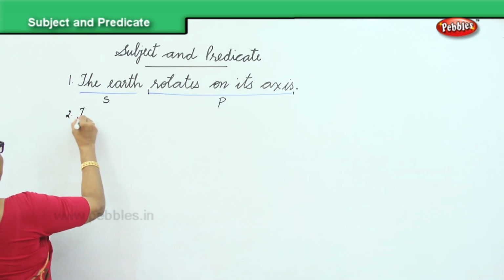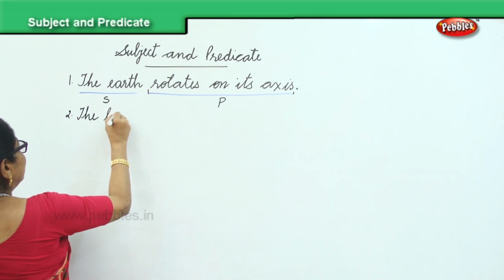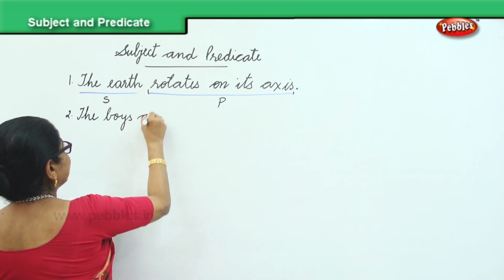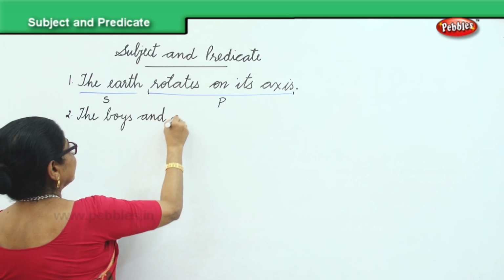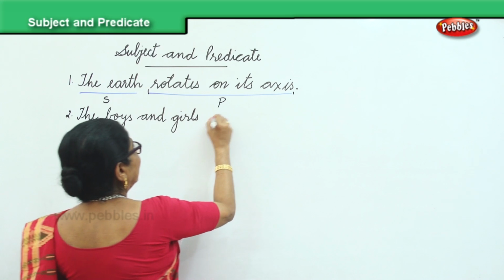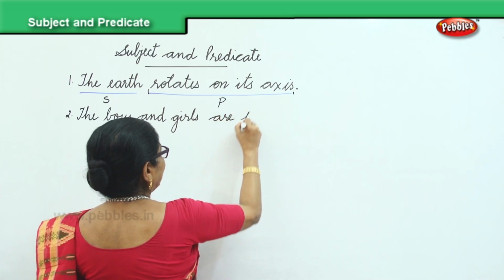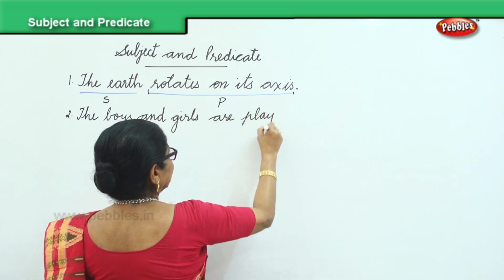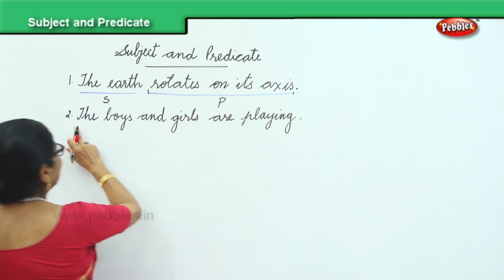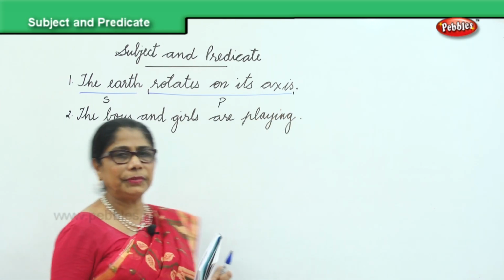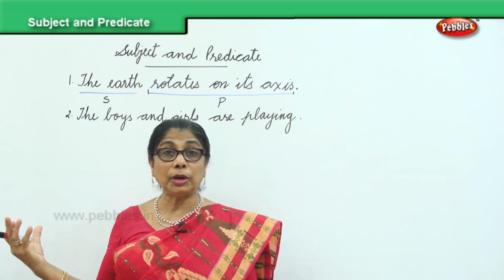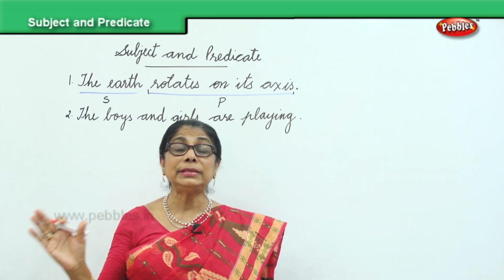The boys and girls are playing. It's a complete sentence, begins with a capital letter and ends with the full stop. Now, who are the most important people here? The boys and girls.